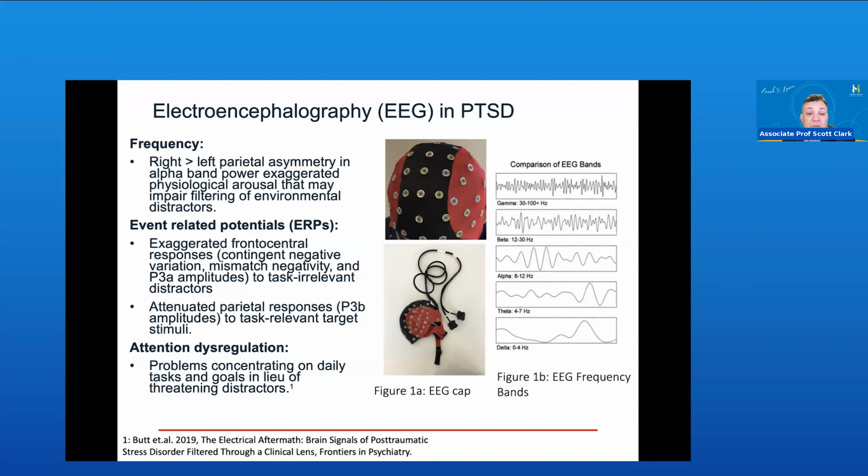There's exaggerated responses to stimuli in the frontal central parts of the brain. And what that suggests in behavioural tests is that people have difficulty screening out task-relevant distractors. So again, they have trouble focusing in a noisy environment. There's also attenuated parietal responses, and overall, there are problems with attention dysregulation. So people have problems concentrating on daily tasks, and they're hyper-focused on anything that may be threatening.